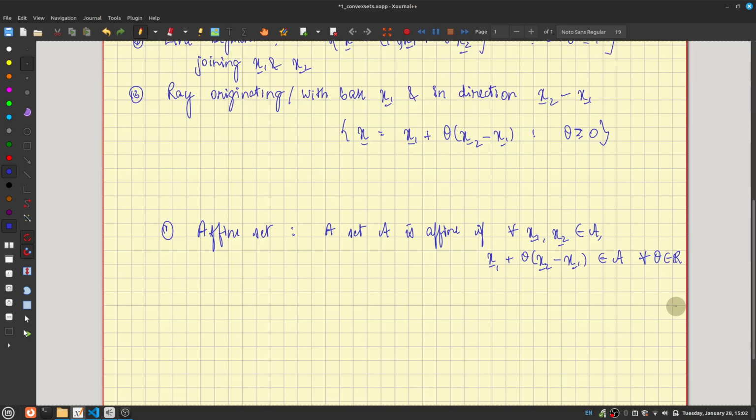Now if I take any two arbitrary points, what do you think is the smallest affine set which contains these two points? It's the entire line that passes through these two points. Correct? So basically every line is therefore affine. Can you give me any other example of an affine set?